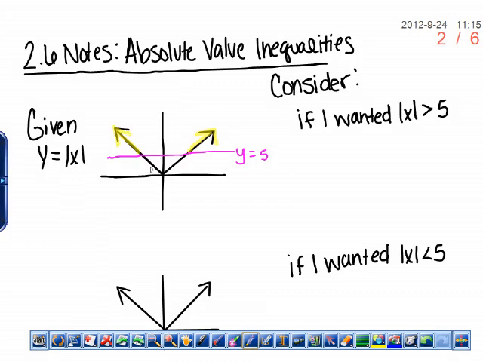Would you agree with that? It's those two pieces. So that means for my x values, it's this part of my x values and this part of my x values. These x values, when you plug them in, you're going to get y values bigger than 5. Would you agree with that?